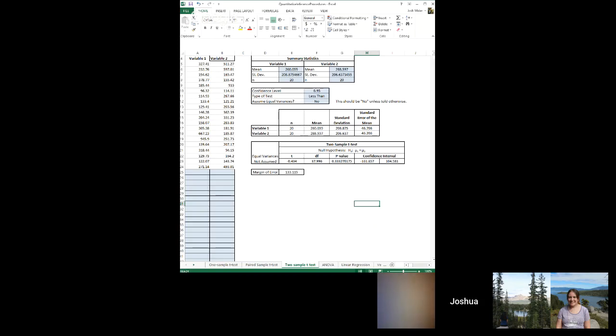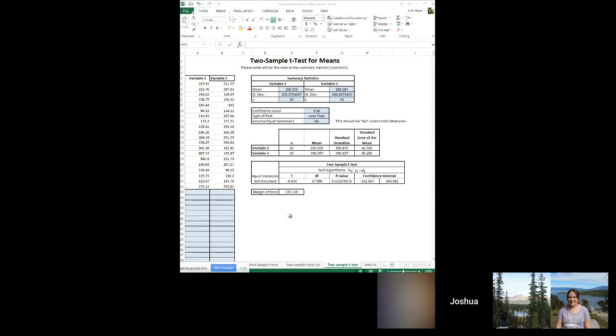What is the degrees of freedom? Is it 19? Wait, maybe I need to change my not equal to setting. So it wants to be less than. Let me change that to less than and see if that makes a difference. Nope, it still says 19.